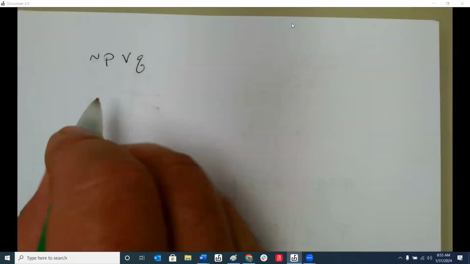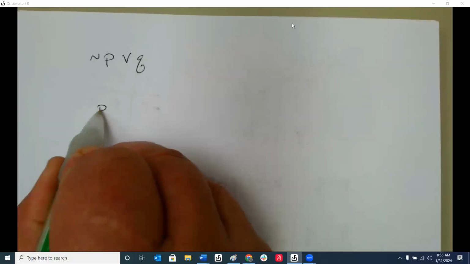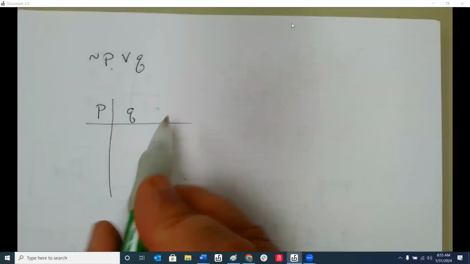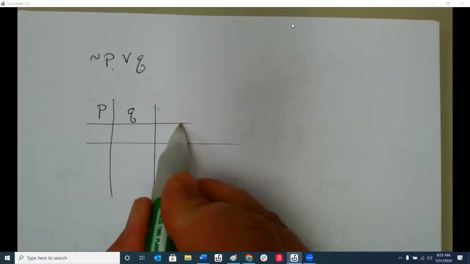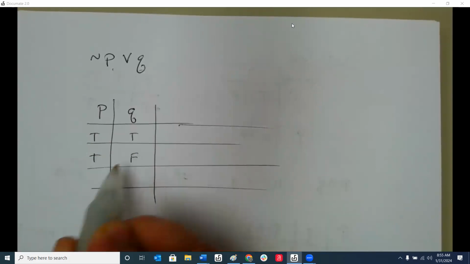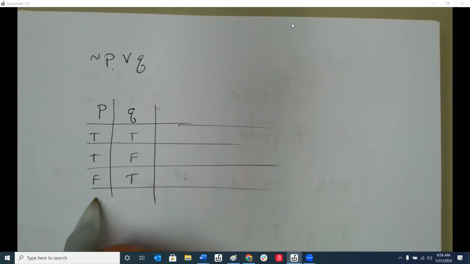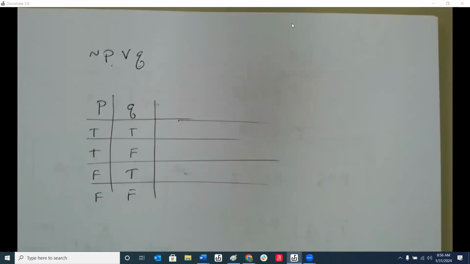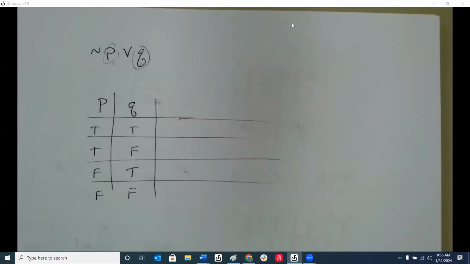You have to think step by step by step by step. The first thing we have is a P and a Q. We have two variables. They could both be true, true, false, false, true, or false, false, because we're dealing with two different variables. If we dealt with three, we'd have four more sets.